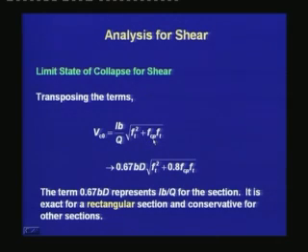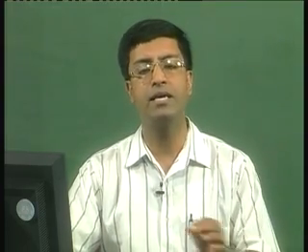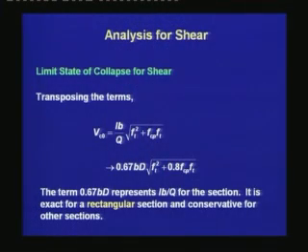That means from the previous equation, by transposing the terms, we get an expression of Vc0 in terms of the sectional properties, which are I, B and Q. Then we also have the tensile strength of the concrete in terms of Ft, and we have the amount of prestressing force taken into account through the term FCP.